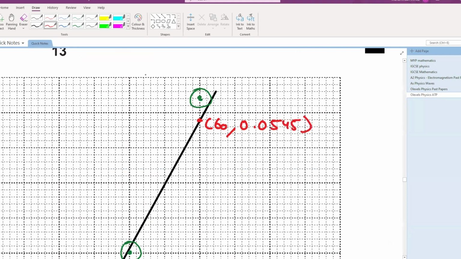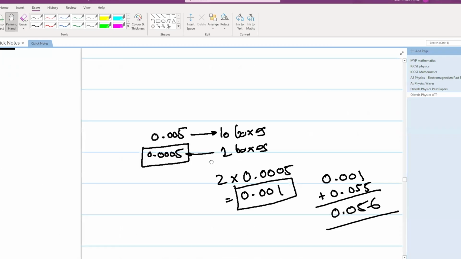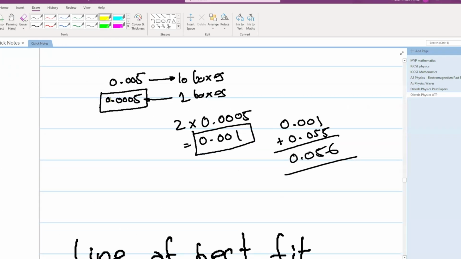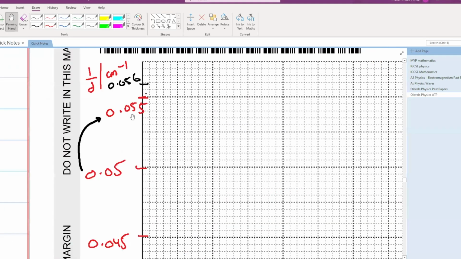Sir, how did you do this magic? Very, very easy. I did the calculation that each box is equal to 0.0005. So what I have done is subtracted 0.0005 from 0.055.